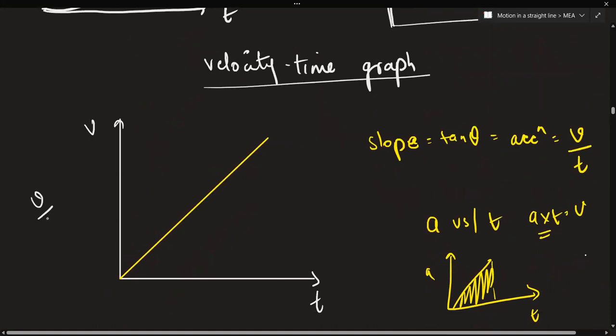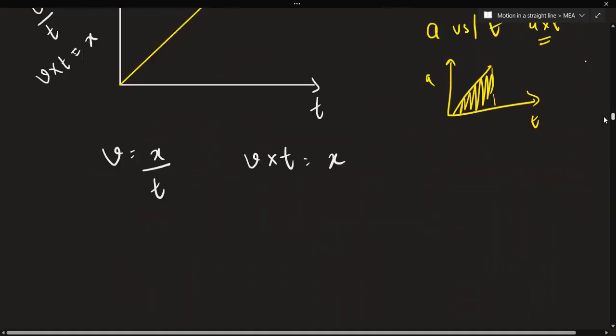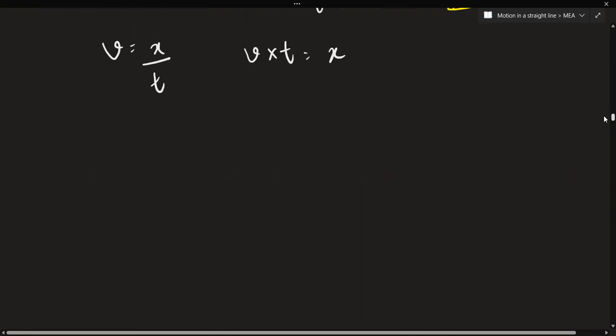So velocity divided by time is giving me acceleration, and velocity into time is giving me displacement. So acceleration is given by the slope of the graph, and displacement is given by the area of the graph. I'll write down these points as well, because these graphs will be given to you in the exam.